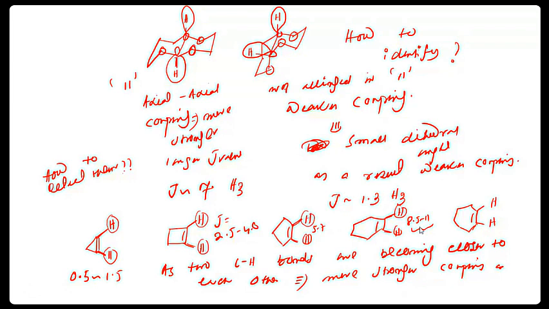Or you can say one thing: of course, the bonds becoming closer means we will have better overlap. So what is happening once the bonds become closer? Why, as the two cis bonds are becoming closer to each other, does stronger coupling happen? We can clarify.